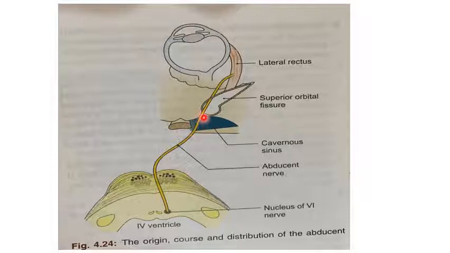Then it enters the superior orbital fissure through its middle part. Then it enters the orbit and ends by supplying the lateral rectus muscle of the eyeball.